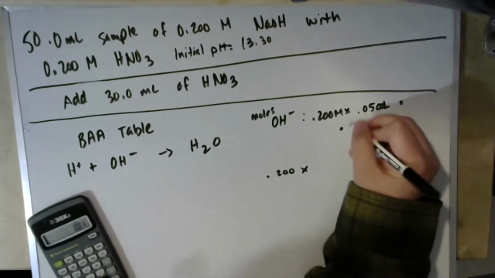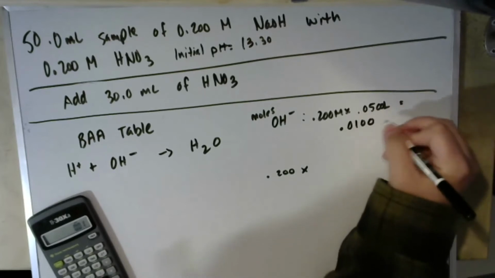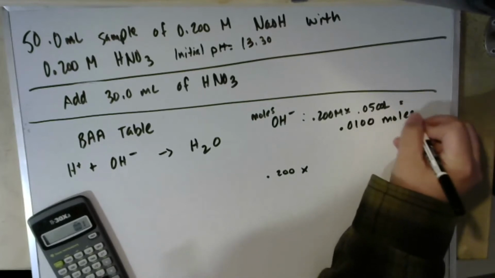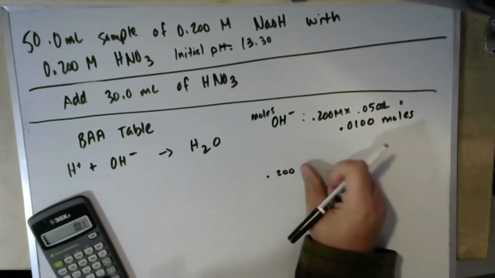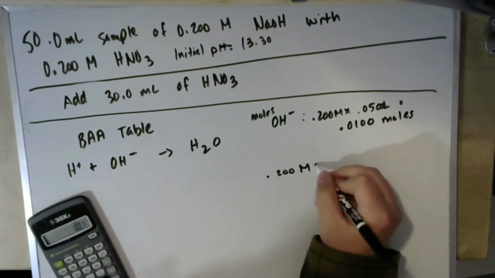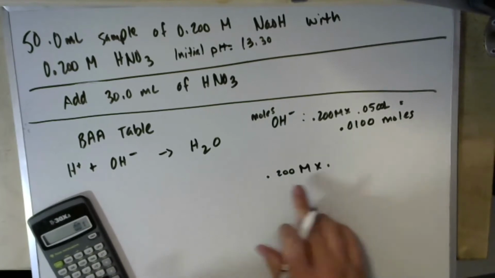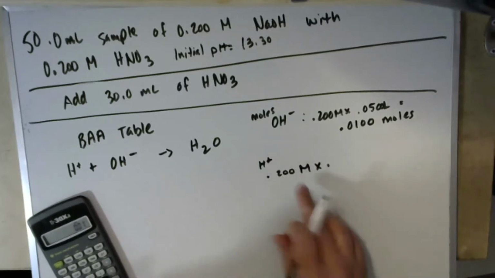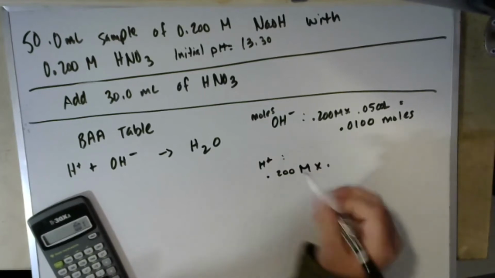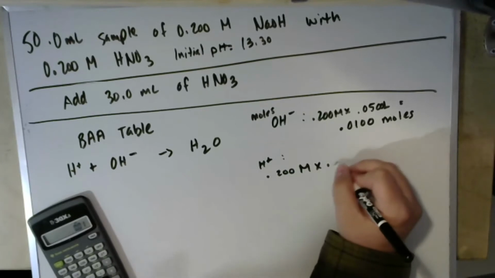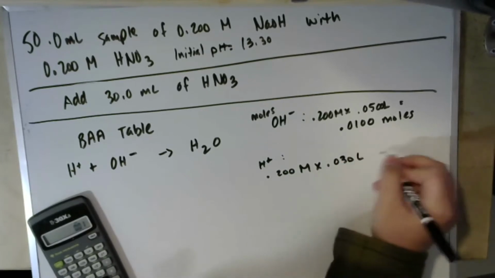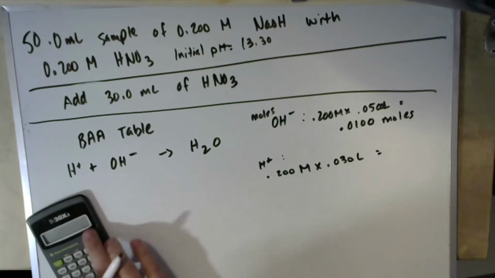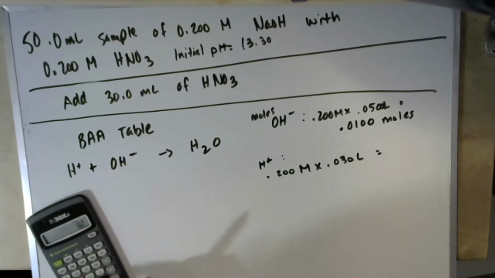Okay, I must have had something else in my calculator as well. So we're going to take the molarity of the HNO3 and multiply it by the volume of 0.030 liters. So 0.2 times 0.03.